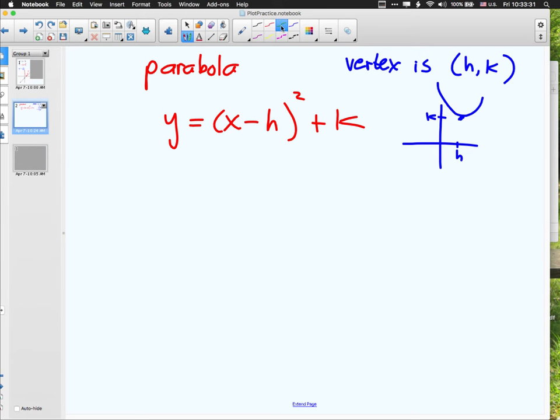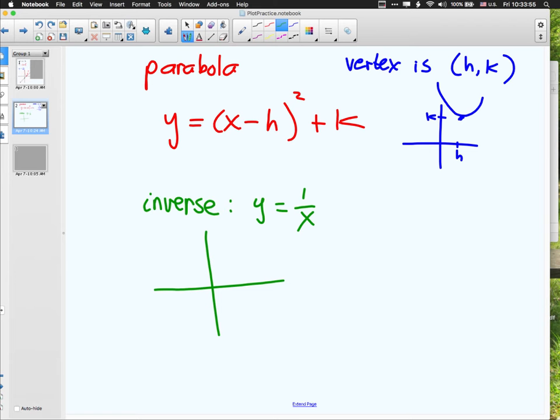But for the inverse function, which is y equals 1 over x, that's a kind of hyperbola.